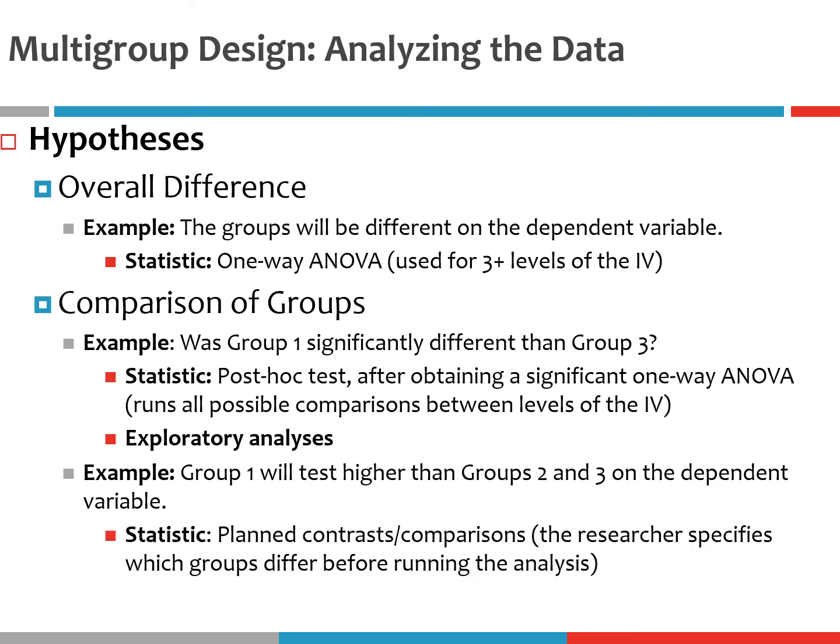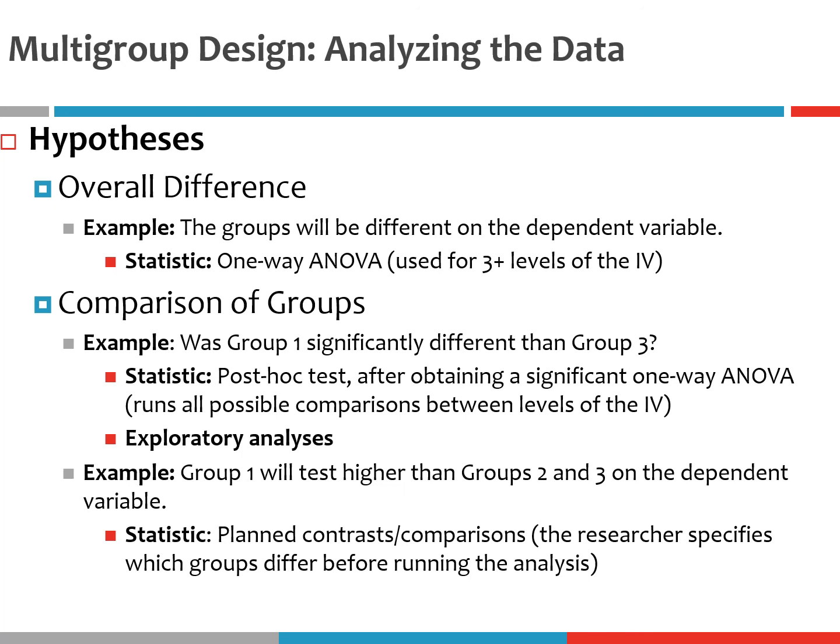But planned comparisons or planned contrasts are used by certain researchers, but they have to occur before you run the omnibus ANOVA test. And people like myself are going to be very skeptical of the fact that you're doing planned comparisons without running the ANOVA.